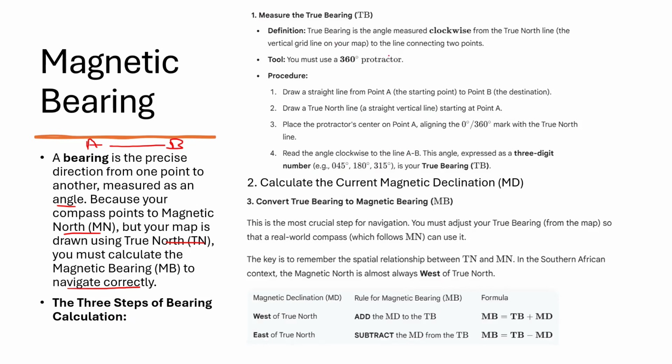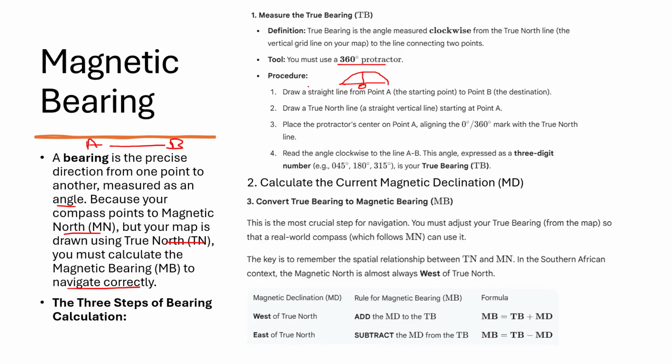The true bearing is the angle measured clockwise from the true north, which is the vertical grid line on your map, to the line connecting the 2 points. You must use the 360 protractor, the protractor that has 0 here.